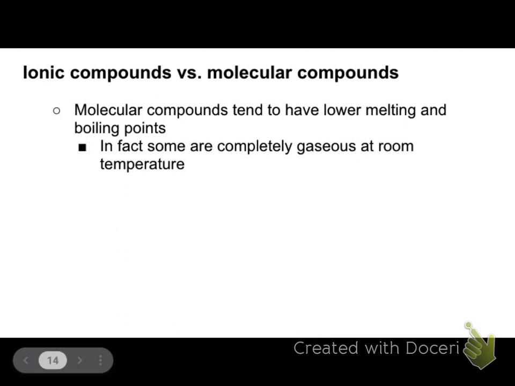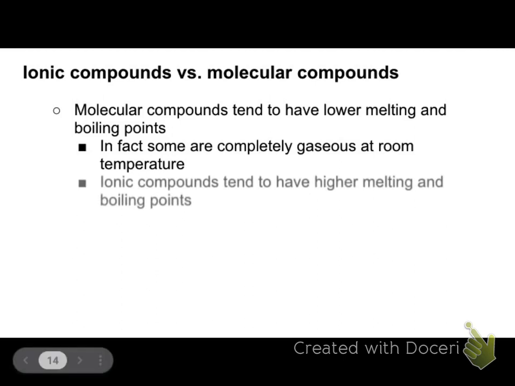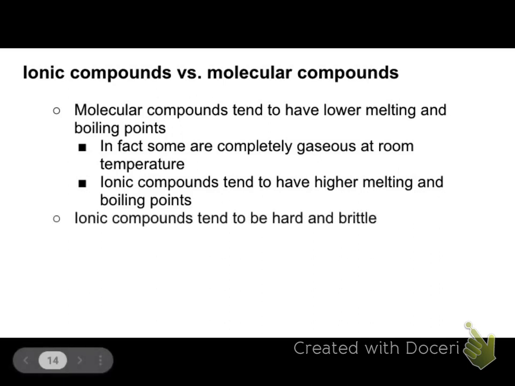In fact, some of them require so little energy that they are gases at room temperature. Ionic compounds tend to have much higher melting and boiling points because of that stronger attraction. Ionic compounds also tend to be hard, much harder than molecular ones, but on the flip side of that, they also tend to be very brittle.